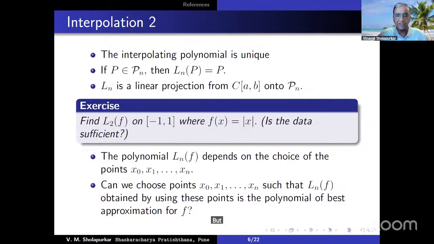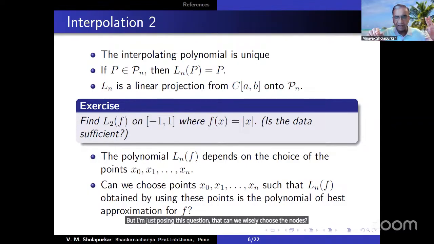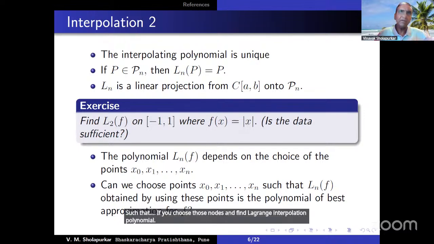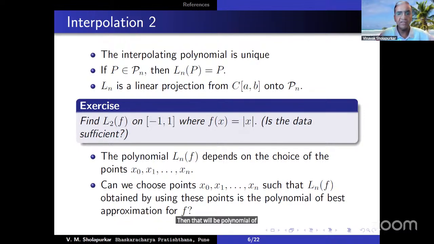But I'm just posing this question: can we wisely choose the nodes such that if you choose those nodes and find the Lagrange interpolation polynomial, then that will be the polynomial of best approximation for f in, of course, Pn, the space of polynomials of degree at most n? Okay, so that's the question. Let's keep this question in front of us as we proceed. Keep this question in mind.